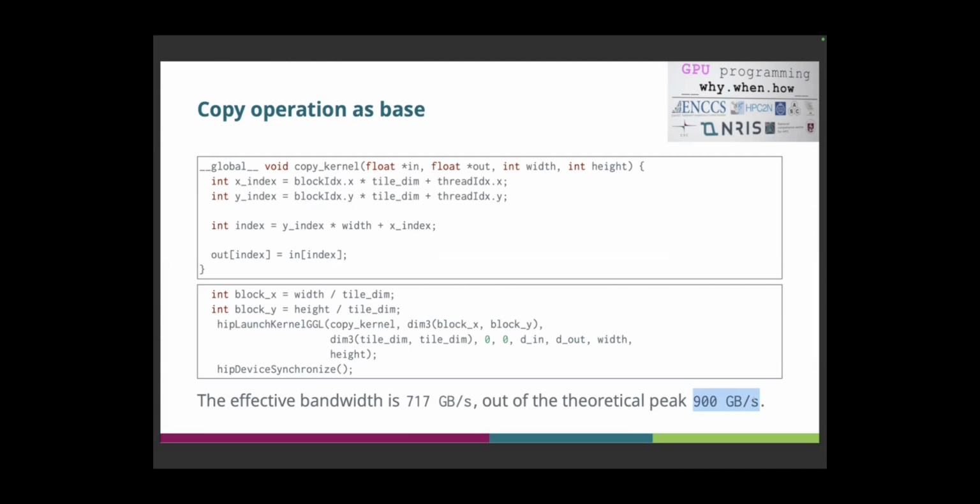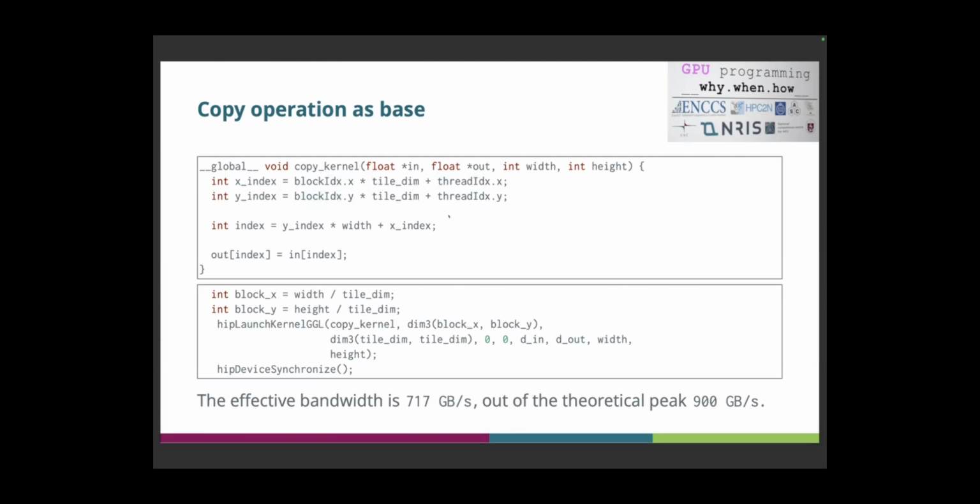So we can compute the bandwidth that our kernel, which is called the copy kernel, achieves when you just take the data from one memory location and put it in the other one. In this case, we have a two-dimensional grid. We have threadIdx.x and threadIdx.y. Also, the blocks have blockIdx.x and blockIdx.y.